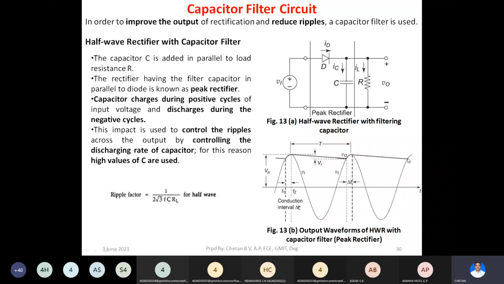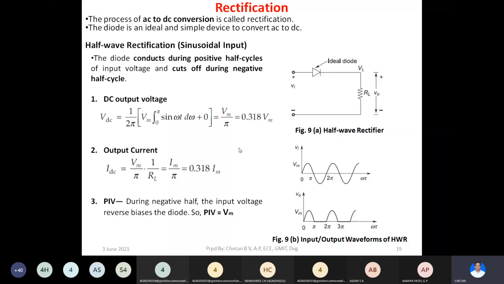This complete waveform would be the output at this load, or you can consider it as v naught. If you compare this v naught with your previous waveforms, we can easily say that the amount of ripple content is reduced.